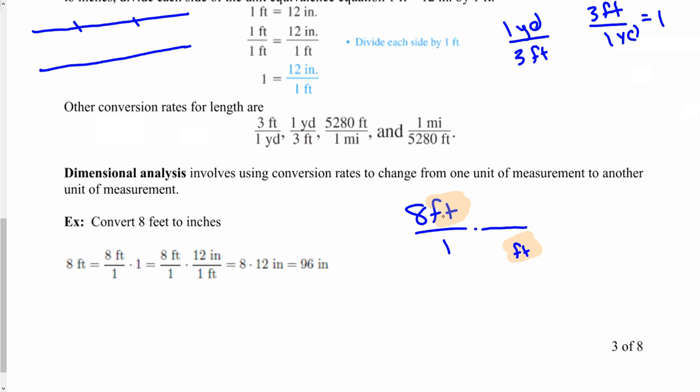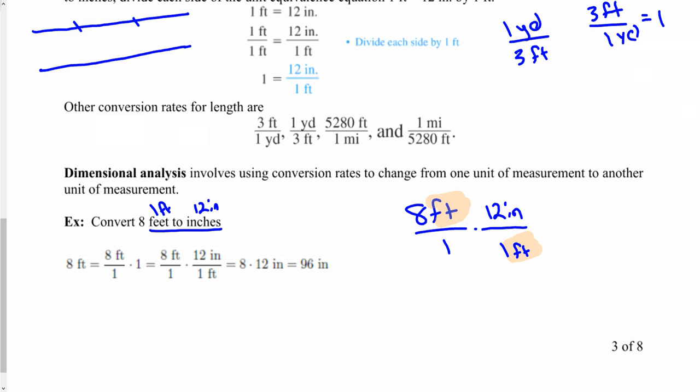And if I want to go feet to inches, then I know that there's 12 inches in 1 foot. So I'll just take these numbers and put them over here. Well, here's feet, so I'll put foot there, and then that must mean that 12 inches goes on top.